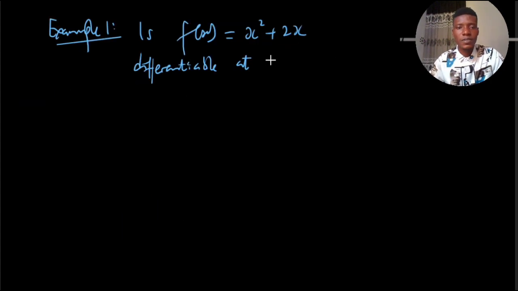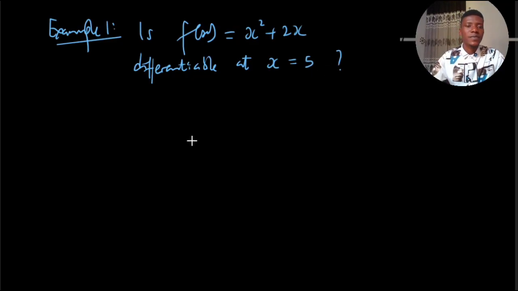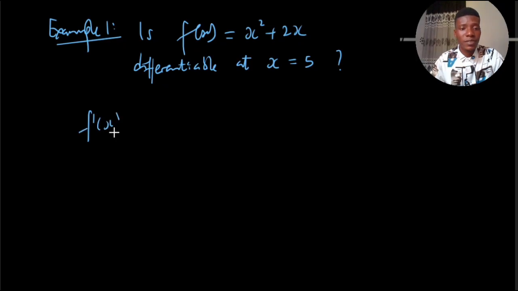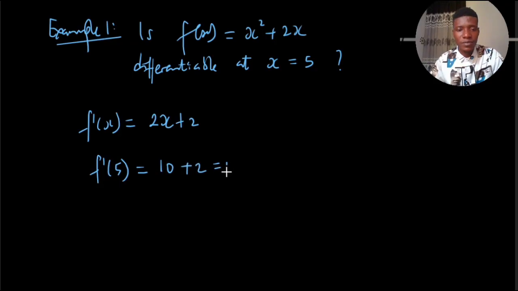Is this function differentiable at x equals 5? Is it differentiable? This is all you need to do. What is the f prime of x? That is the derivative of f of x, and that's 2x plus 2. Then slot in the value of f prime of 5. And that's 10 plus 2, which is 12.